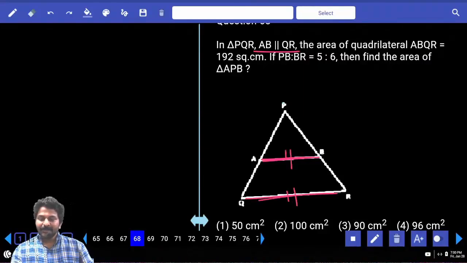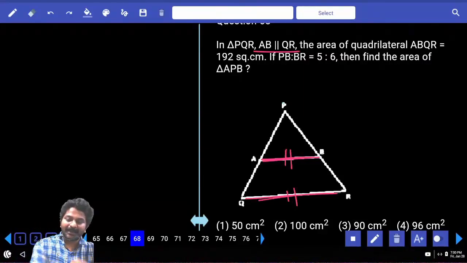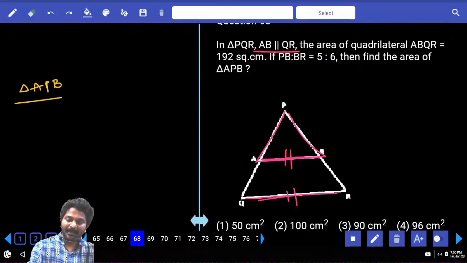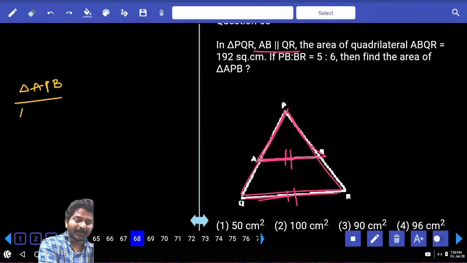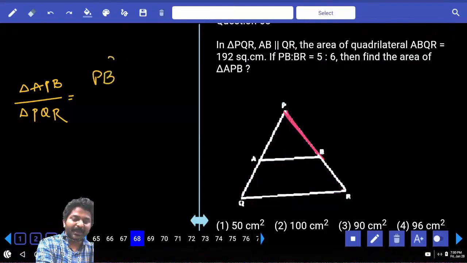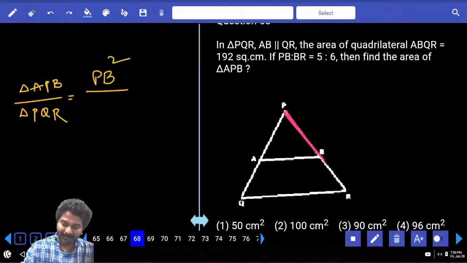Okay, so now when you have parallel triangles, this is APB, right? Come on, area of the triangle APB by area of the triangle PQR must be equal to PB square by PR whole square.